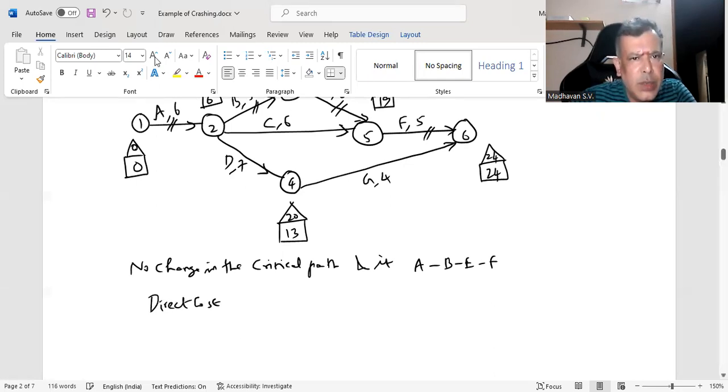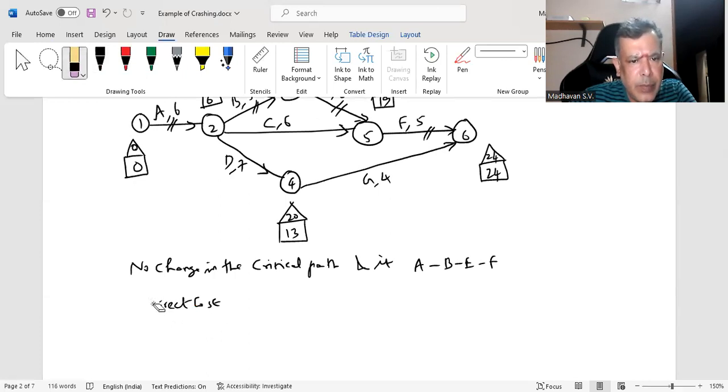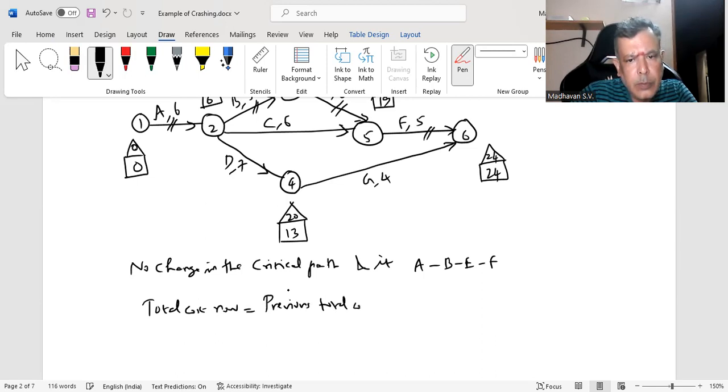Sorry, I can do this in a different way. Total cost now is equal to previous total cost plus crashing cost, because you are spending money for doing the crashing, minus savings.